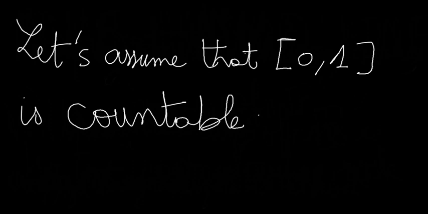So we assume that there is a first element which starts by 0. Then the first decimal we'll call A11, so the first row, first column.